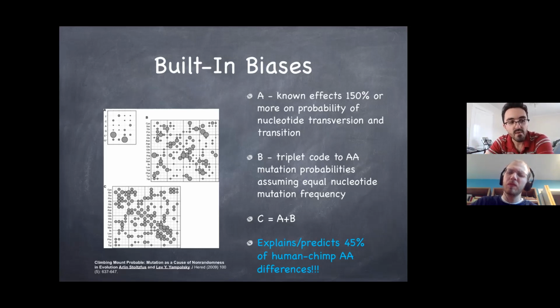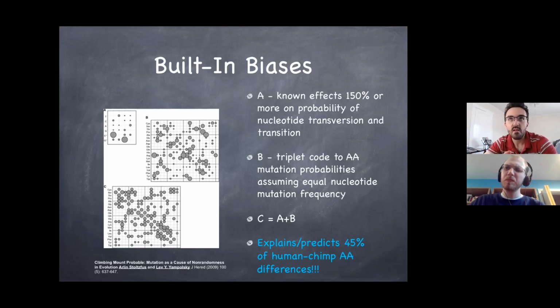But in this paper, the interesting thing is that they modeled the resulting pattern of amino acid substitutions, weighing all synonymous codons equally, so weighing the probability of the same three letters making a particular amino acid equally.